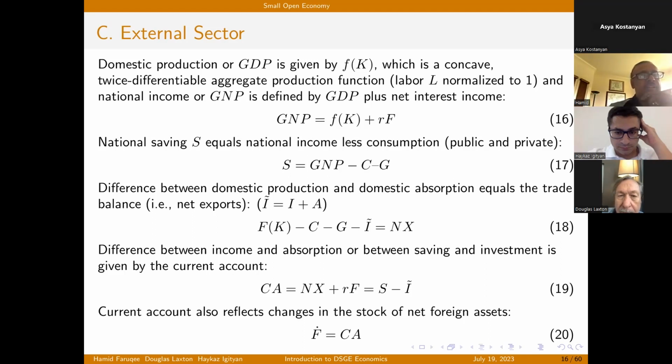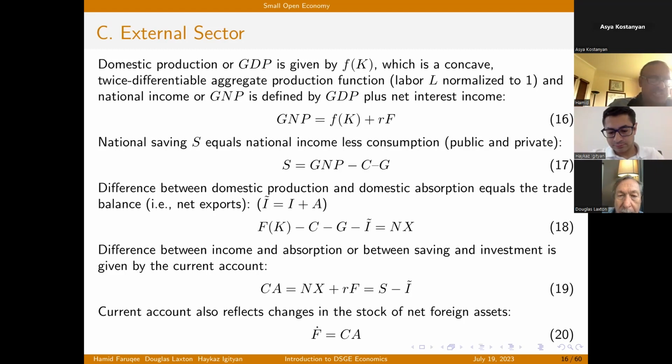And then you have saving minus investment equaling the current account, and, excluding factor incomes, saving minus investment equaling the trade balance there in equation 18.